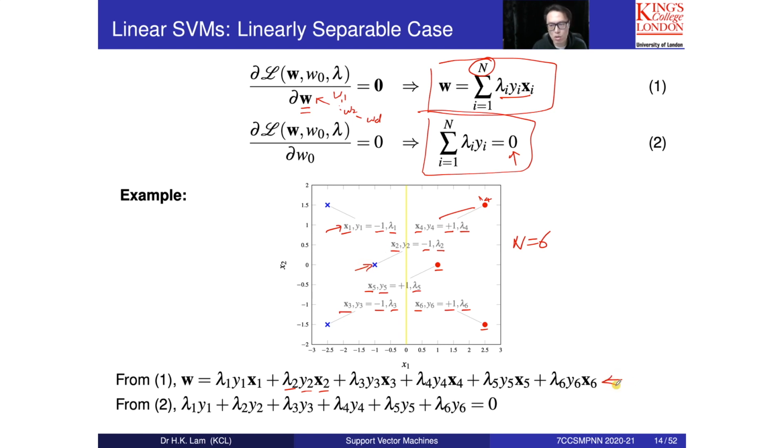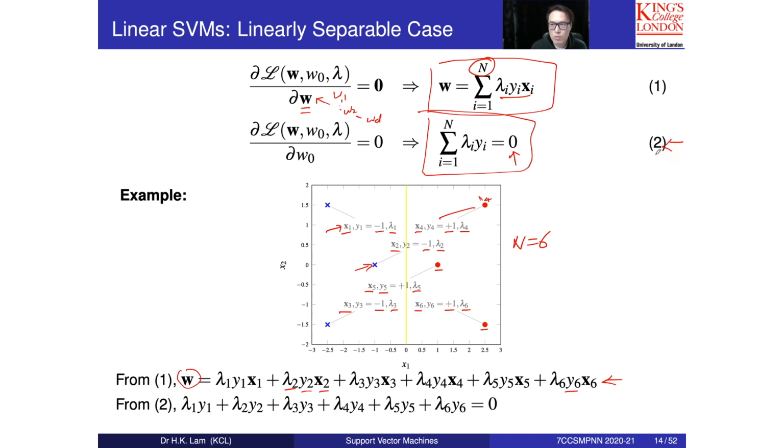So in total we have 6. That means once we know lambda, we can find out W, because y1, x1 are known right here. X is the data set that we collect. Y1 up to Y6 are the labels we give to the data set. We assign each point a label.